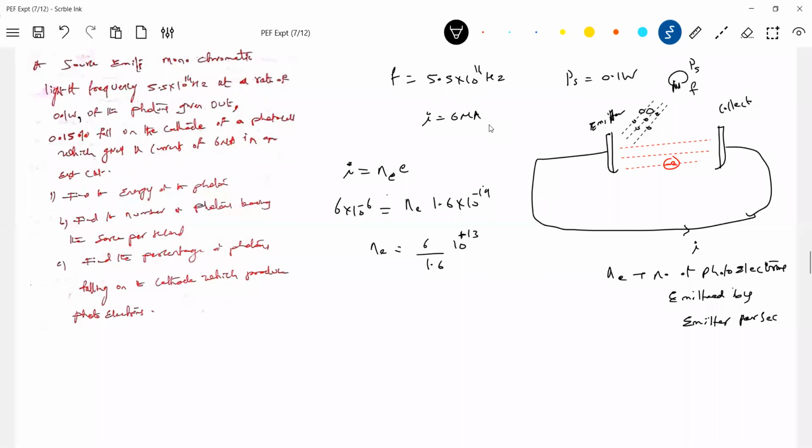Now, after getting Ne, what about the percentage? It asks to find the percentage of photons. So next, what do we have to do? We calculate how many photons are emitted by the source per second.